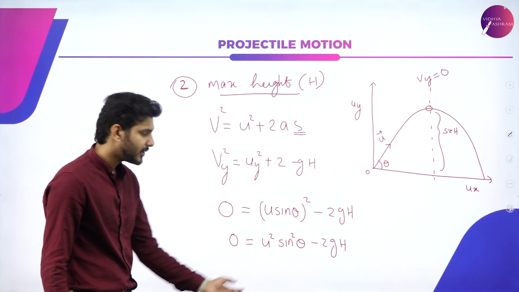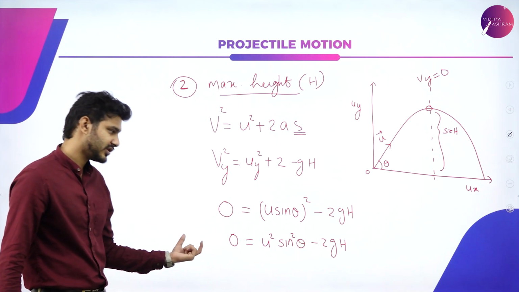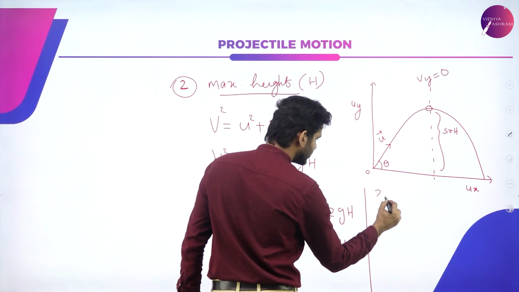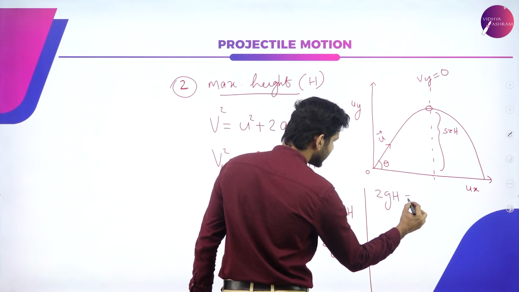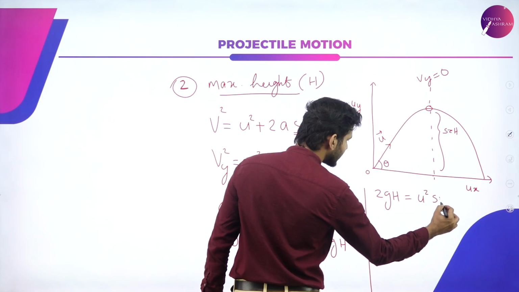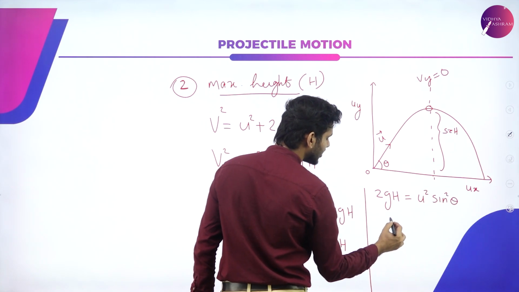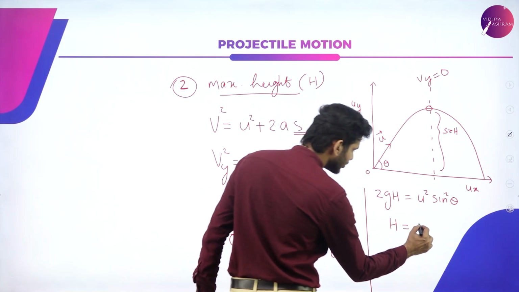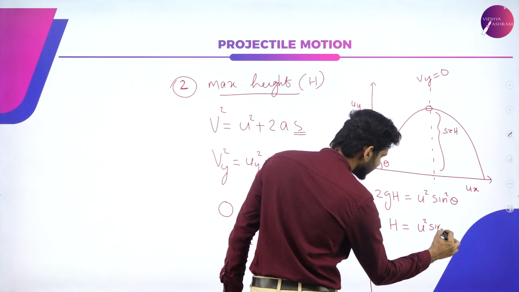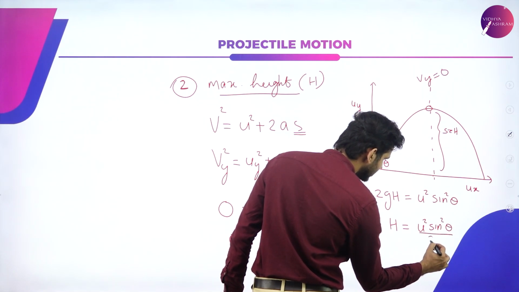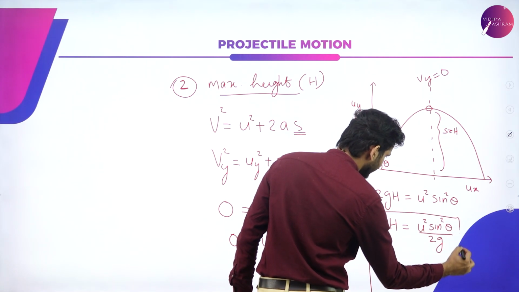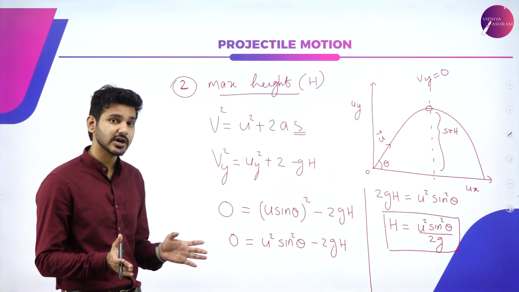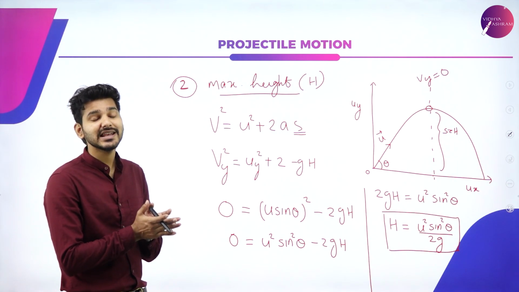Bringing the minus 2gh to the left hand side, we can write 2gh is equal to u square sine square theta, or simply h, that is maximum height, is equal to u square sine square theta divided by 2g. This is the equation for maximum height obtained while a projectile is in motion.